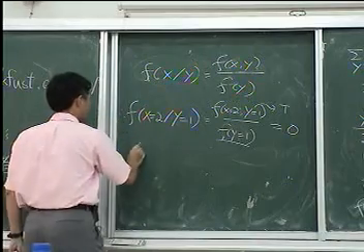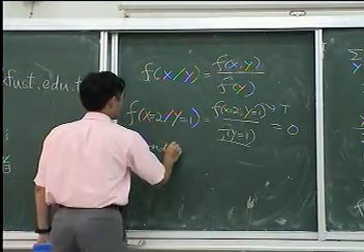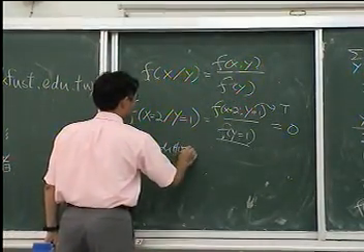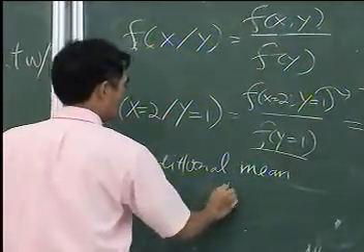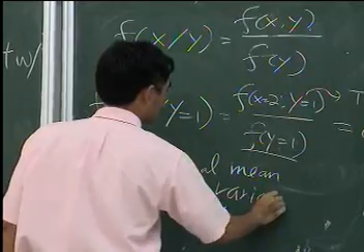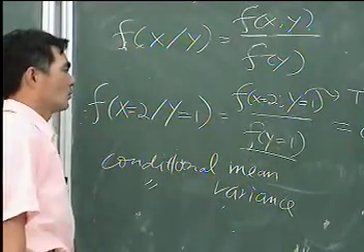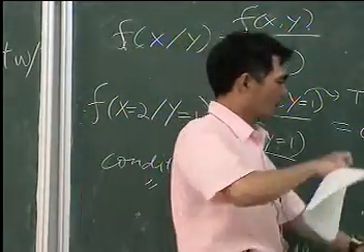And also we have conditional probability, right? So we have conditional mean, and also conditional variance. What are all these?